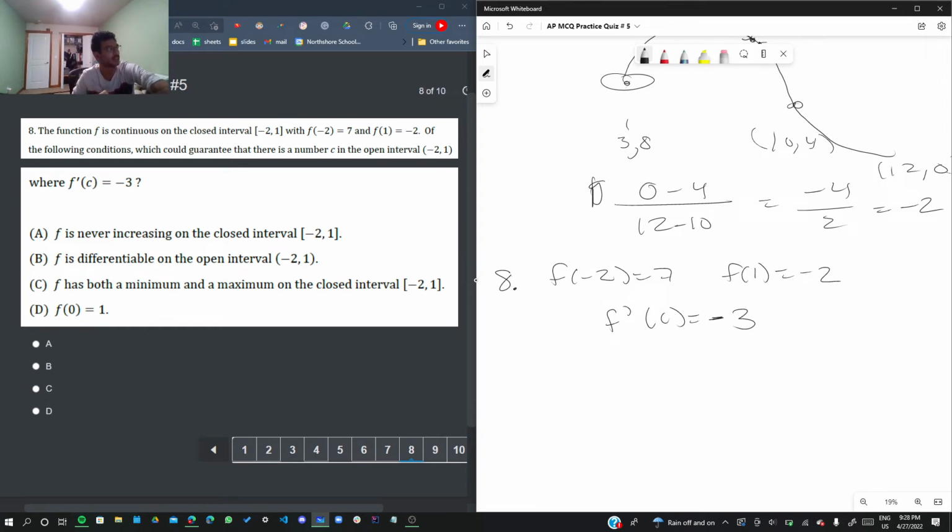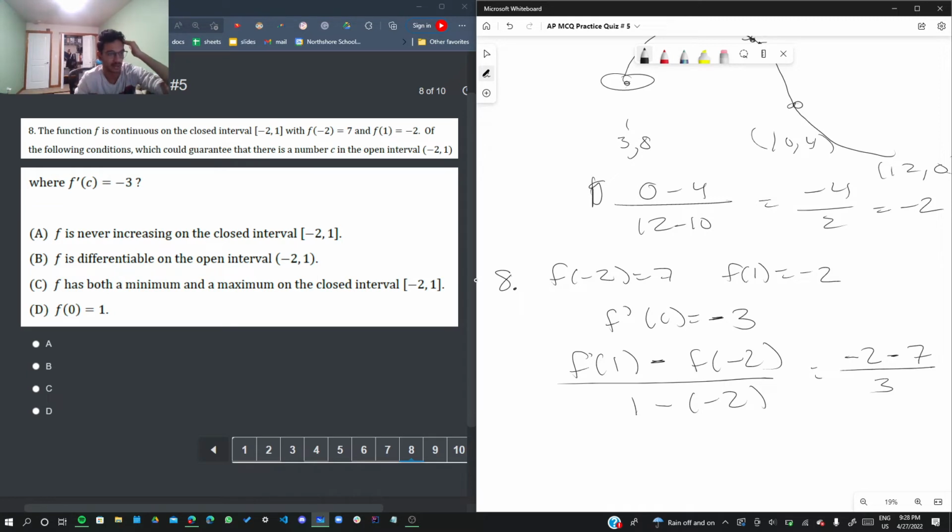Oh yeah, so I think this is where we're talking about, so what is this? 7. Okay, so let's just say f of 1 minus f of -2. Here, I'm just going to try something else. 1 minus -2. F of 1 is -2, and f of -2 is 7.